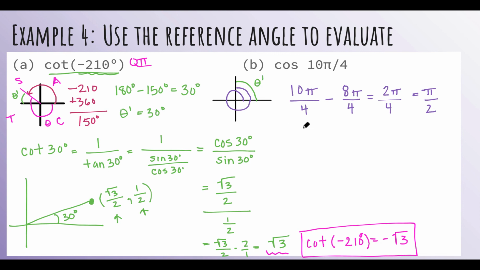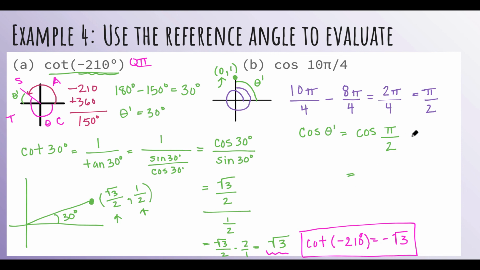So we're looking for the cosine of our reference angle, theta prime, which is equal to the cosine of pi over 2. Now remember, in a unit circle, this point right here at 90 degrees, we've looked at this already, the x value is 0 and the y value is 1. We said that the cosine is always going to be our x value.